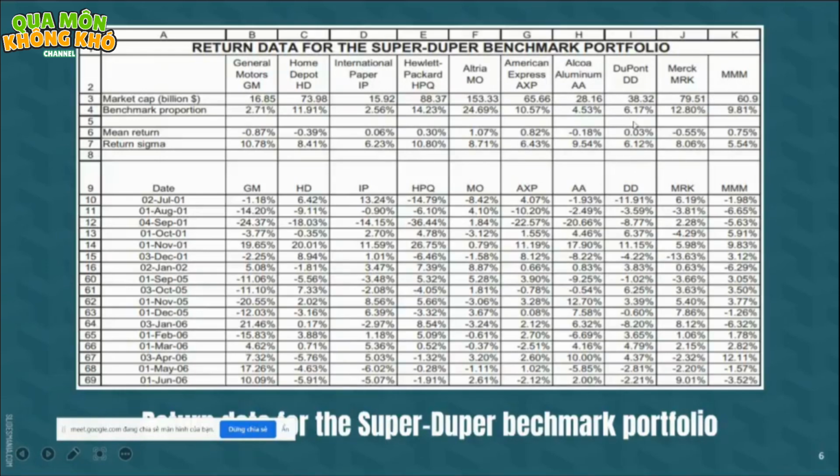I will show you the general sheet here first, and then I will construct it in the Excel.